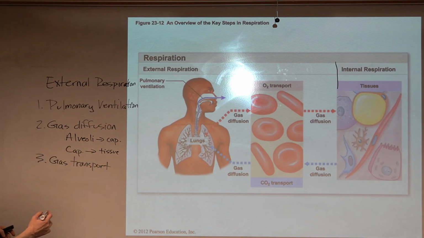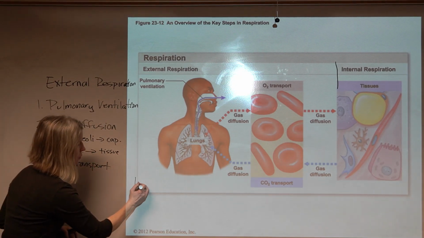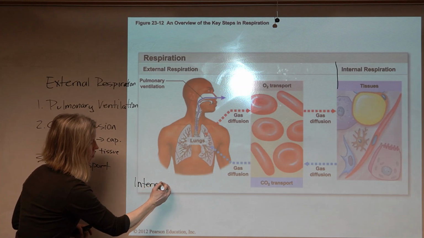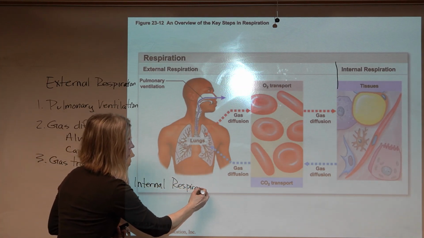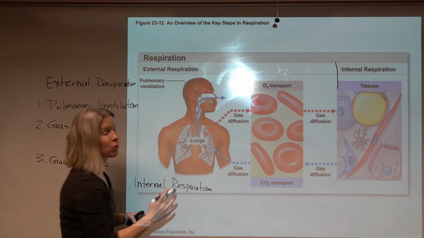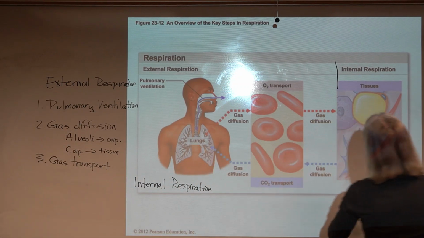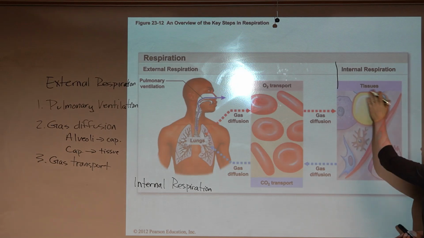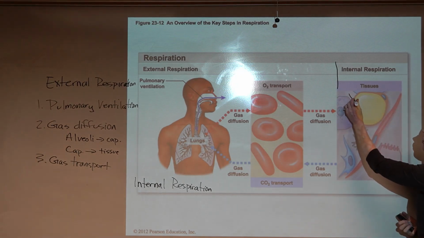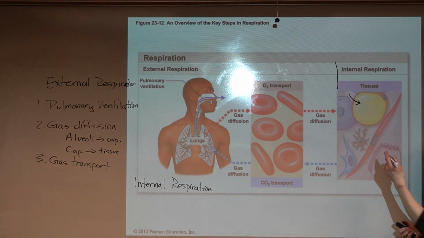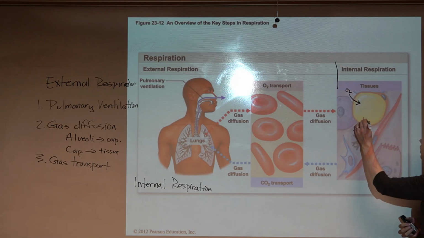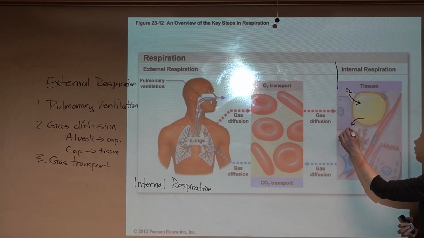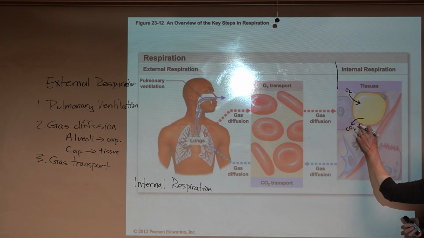Internal respiration then is really just referring to, so we can use our adipocyte here, that oxygen crossing into the cell, diffusing across that cell membrane, or the CO2 that's crossing out of the cell.